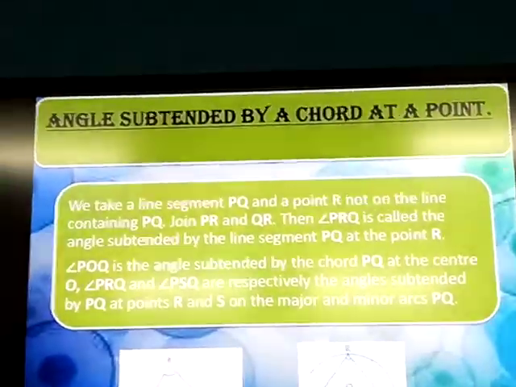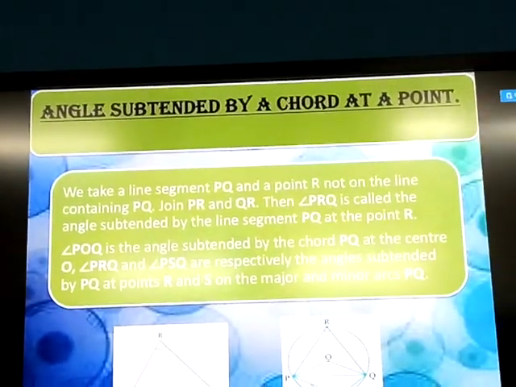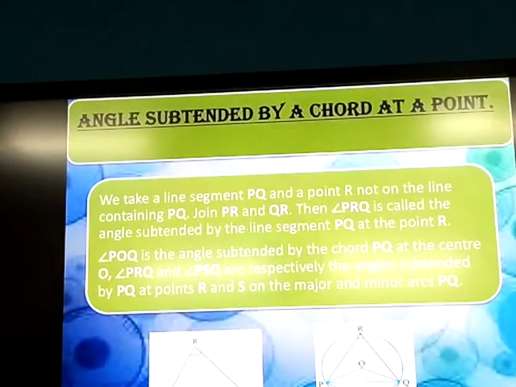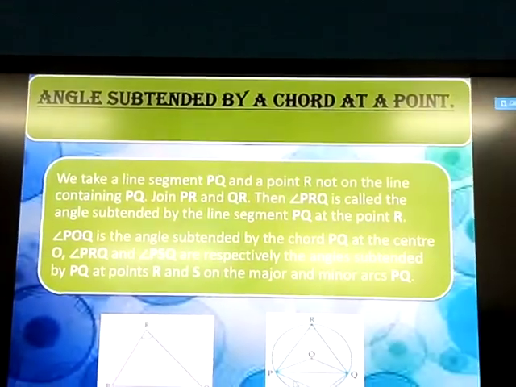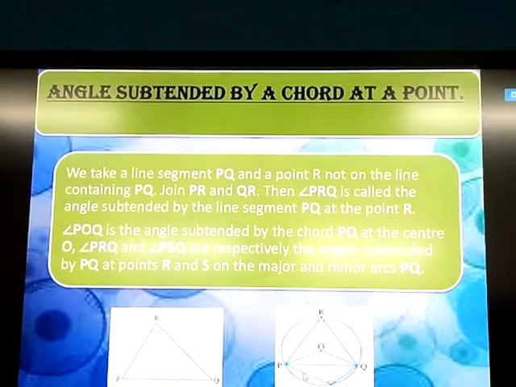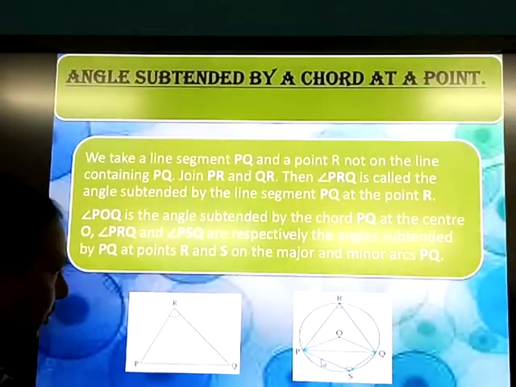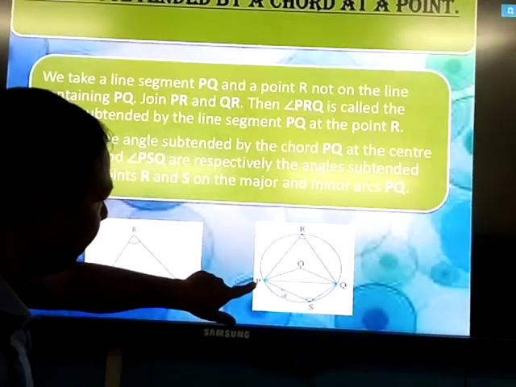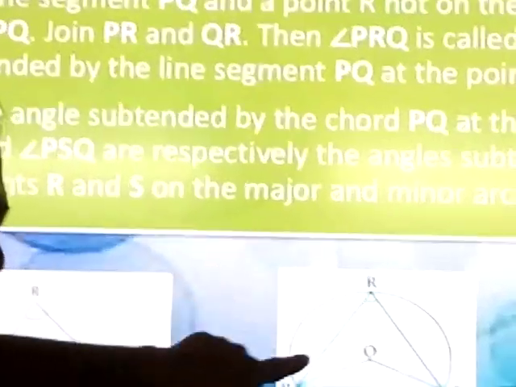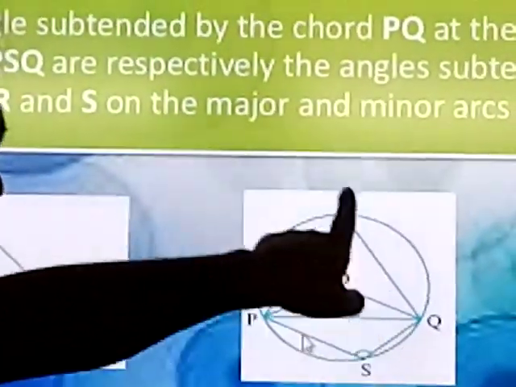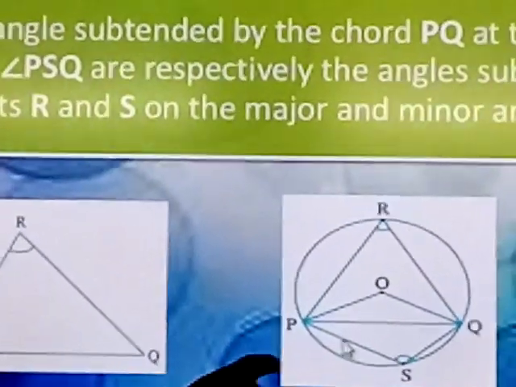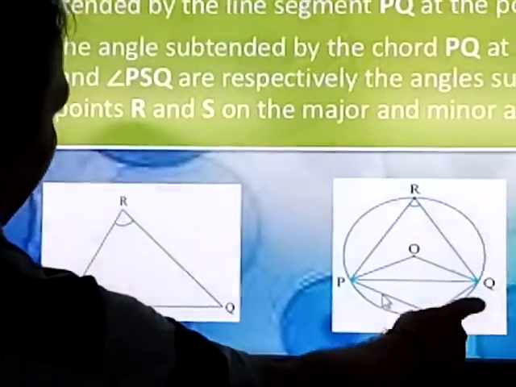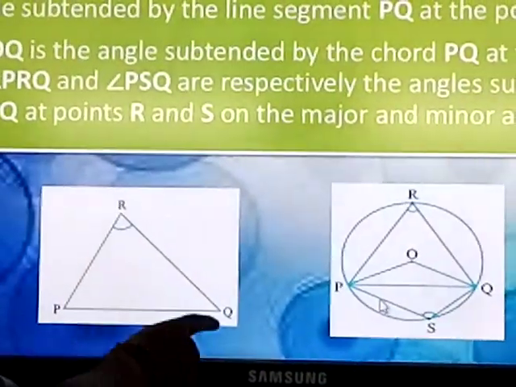Now we take a line segment PQ and a point R on the circle, and join PR and QR. Here are P, R and Q. There are 3 points. When we join P, R, Q, you can say this is a triangle.